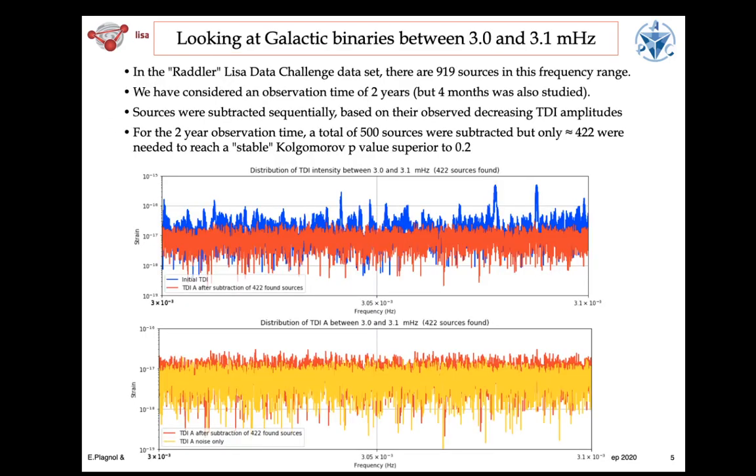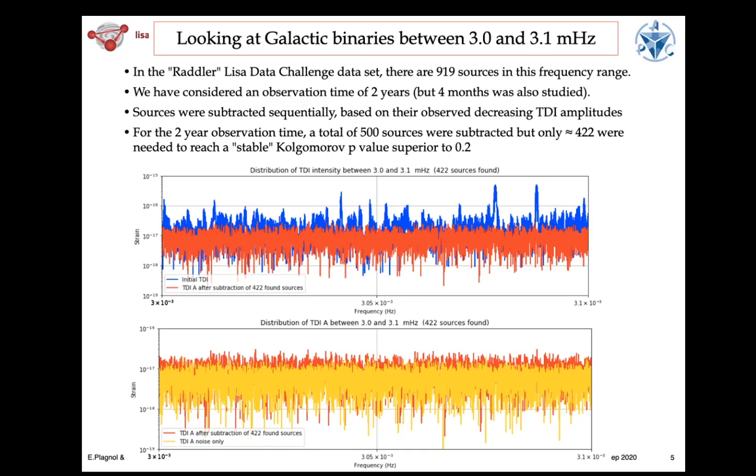Now we can look at the physics, and here the physics for us is galactic binaries between 3 and 3.1 millihertz. In the Radler LISA data challenge dataset, there are 900 sources in this frequency range. We have considered an observation time of 2 years in these examples, and the sources were subtracted sequentially based on their observed decreasing TDI amplitudes.